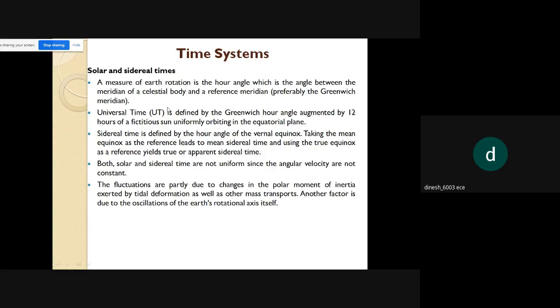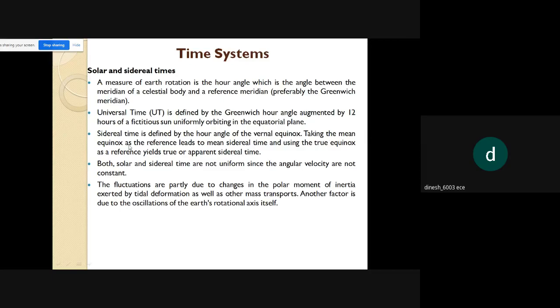UT is defined by the Greenwich hour angle augmented by 12 hours, of a fictitious sun uniformly orbiting in the equatorial plane. The 12 hours is the universal time. Sidereal time is defined by the hour angle of the vernal equinox.